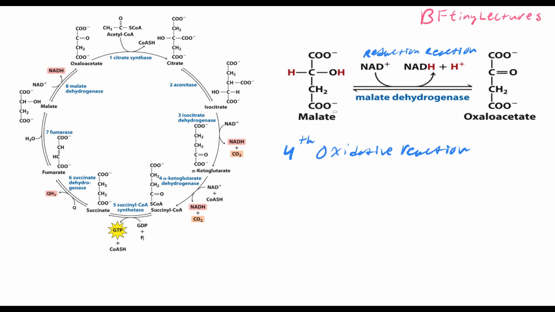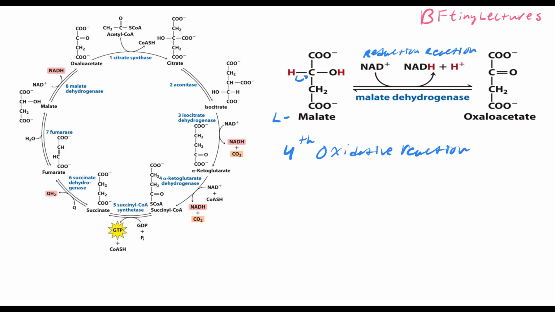Well, what happens here is that we're going to be regenerating oxaloacetate, and we do that from L-malate. The NAD plus comes into contact with L-malate. Hydrogen is going to leave the carbon right there, and it's going to attack this NAD.